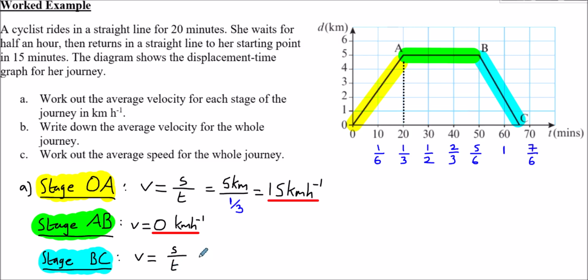Here we need to be slightly careful. In this case, the displacement is going to be negative because we're going towards the origin, not away. So we were 5 kilometers away, now we've gone back to 0, and so the displacement is minus 5 kilometers.